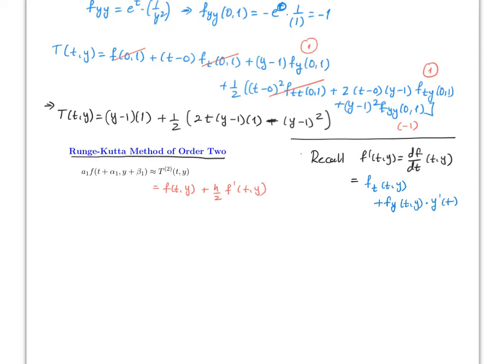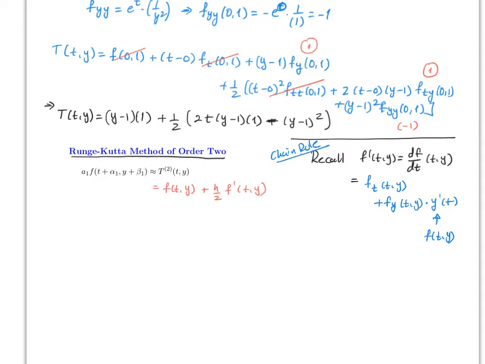If you remember this from calculus 1, or calculus 2, and even in calculus 3, this is the chain rule. But remember that y prime of t is the same thing as just f(t, y). That's the definition.